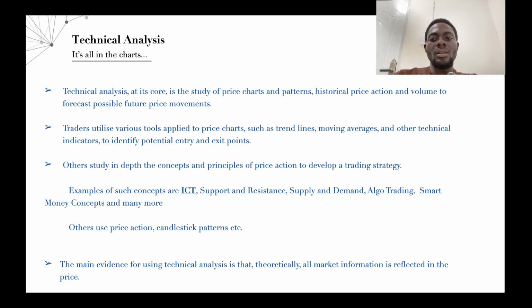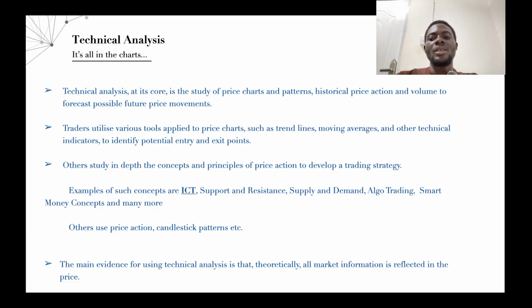Algo trading, I don't really know what that is, but I had to add it because some people may not find it easy to trade these concepts that I've mentioned, like ICT and support and resistance.